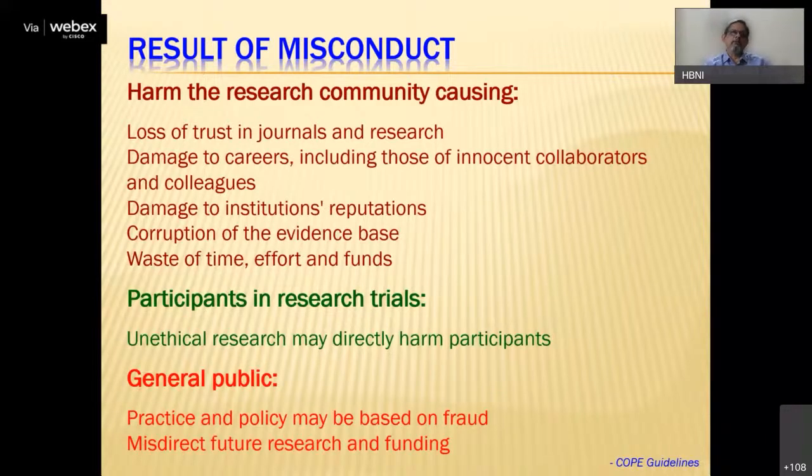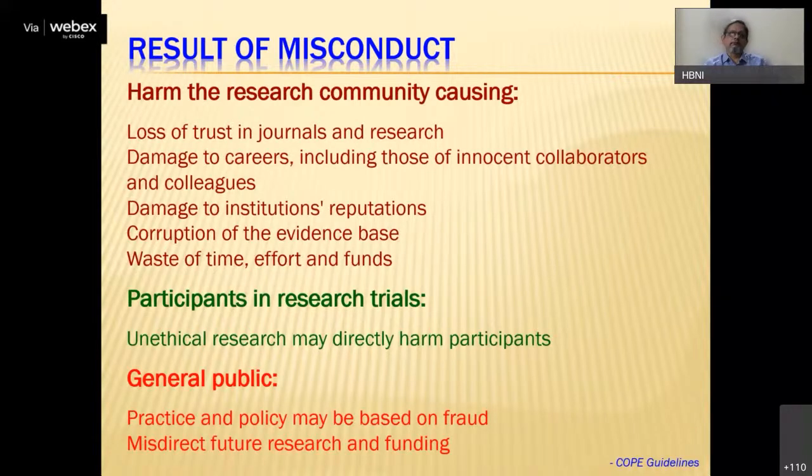And in turn, they can cause damage to institutions' reputations. Because whenever a person working under a particular institution indulges in scientific misconduct, not only the person's name gets affected, but even the institution's reputation will get affected.